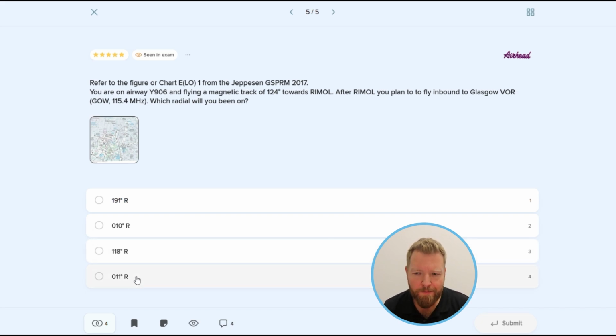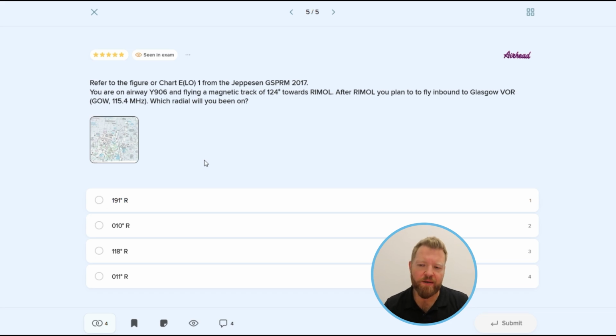Okay, this question might be a bit tricky. First of all, when we talk about radials, one of the most important things is that a radial is always radiating from the VOR. What does it mean in practice? Let's say that we are tracking radial 270. This information gives us a position in relation to the station, so we know that we are west of this VOR.